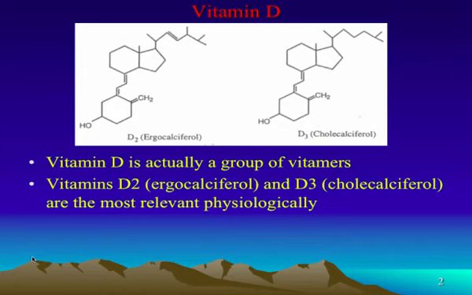D3. Especially some recent studies have indicated, yeah, it's probably better to take in vitamin D3. Which one do we make in our body? D3. That should be a pretty good indicator, right? That's the one we make in our body. That one's probably better to get in our diet as well.